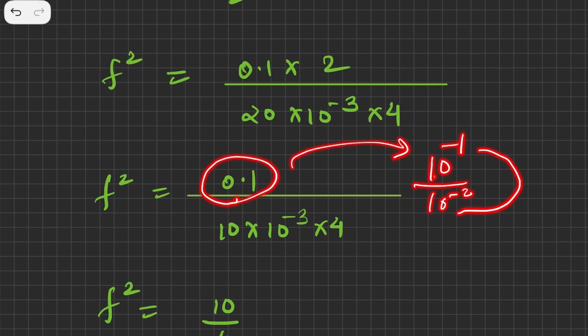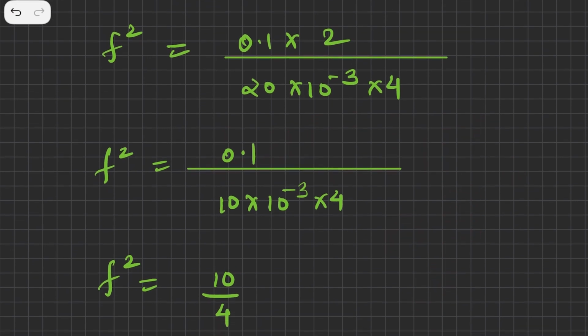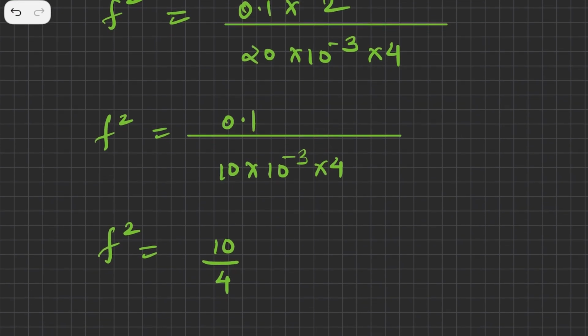So when this 10 raised to minus 2 goes up, it becomes 10 raised to minus 1 into 10 raised to plus 2. Plus 2 minus 1 will give me 10 raised to plus 1. And this 10 raised to plus 1 is what I have written over here. When we do not write anything, it implies that it's 1.